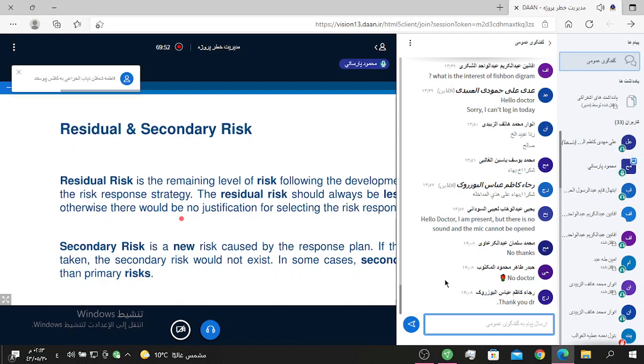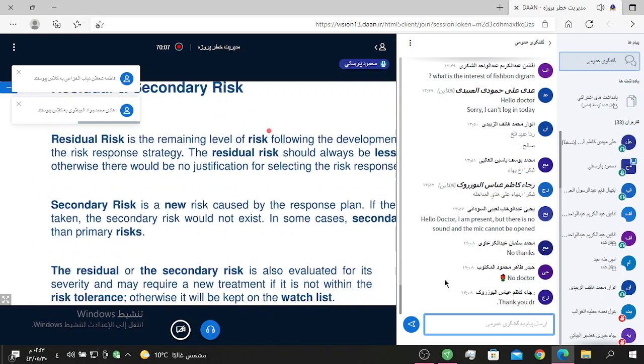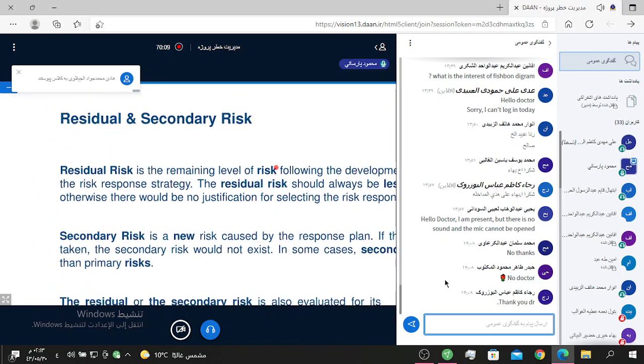And about these two kinds of risk that we explained in the last sessions, last lectures, and you asked some questions about these two kinds of risk: residual risk and secondary risk.